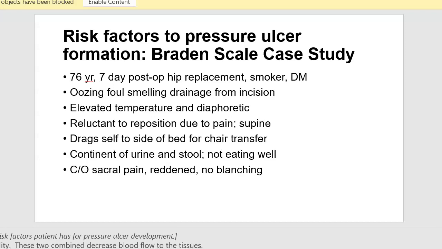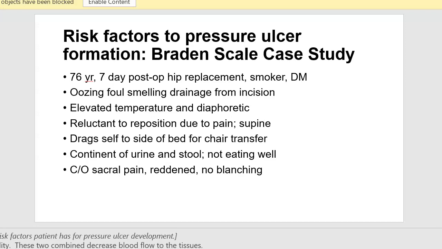So what risk factors does this patient have for pressure ulcer, pressure injury development? His age, he's older, he has some immobility due to his post-op pain status. These two combined will definitely decrease blood flow to all the tissues.